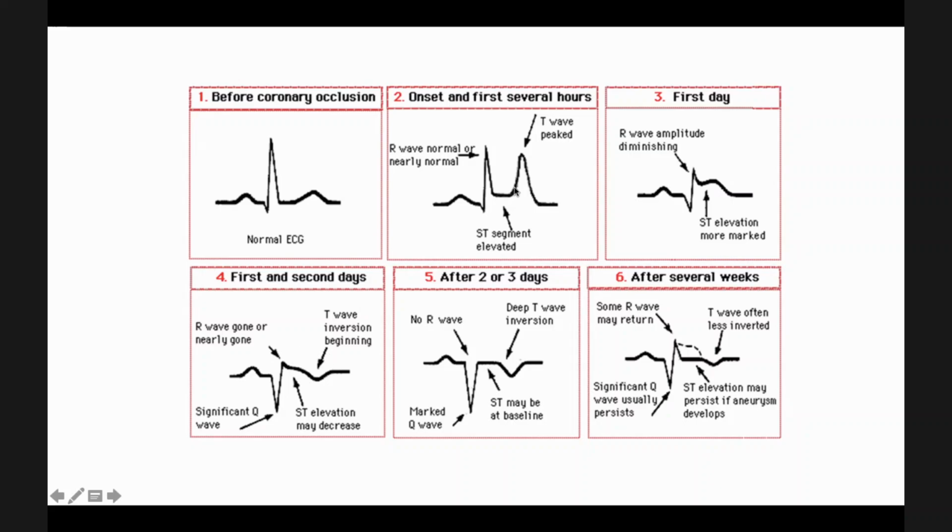By that time, if you see this ECG, you have to give either primary PCI or else thrombolytics. If you see these T waves getting inverted, you know this is a late presentation. Sometimes, if you have not repeated the ECG and you do the ECG only the next day, you might see something like this.